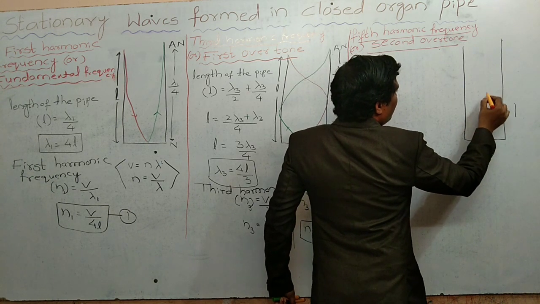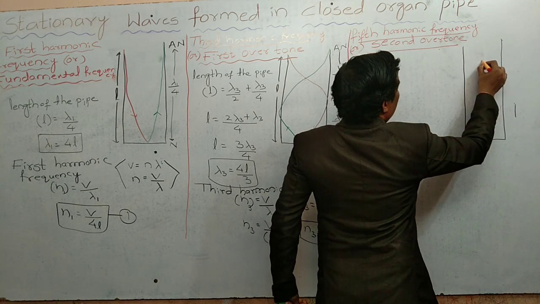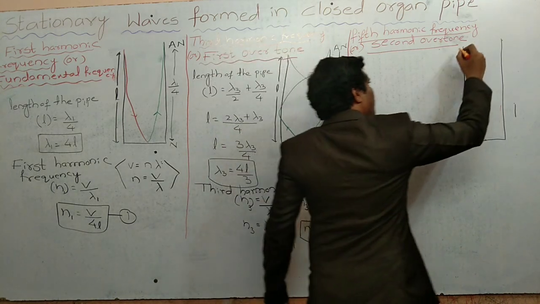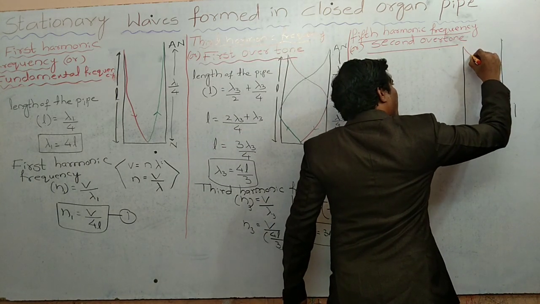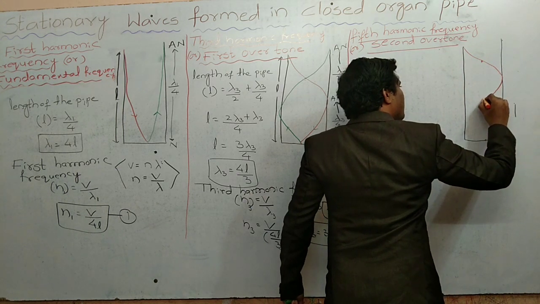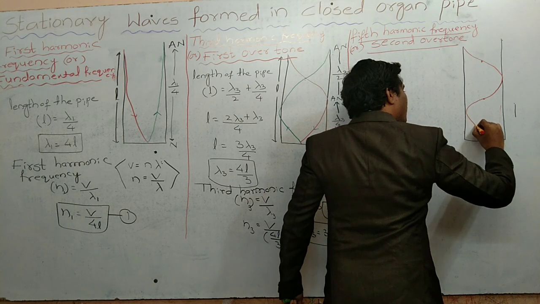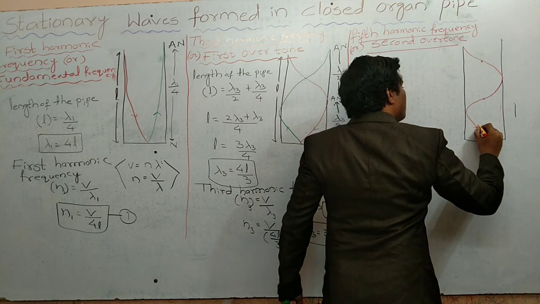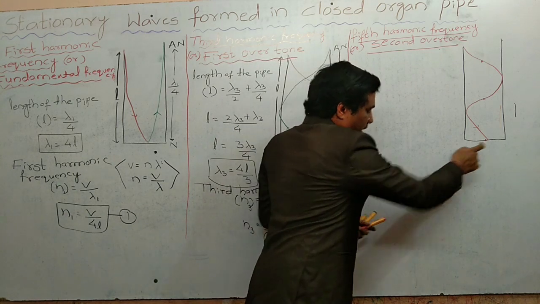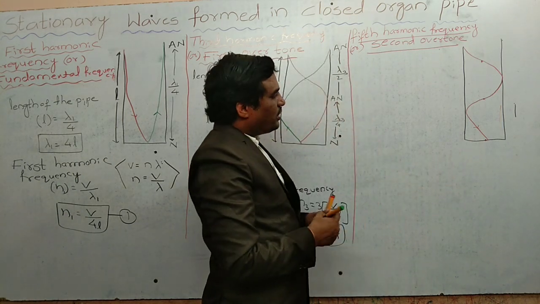Now we are taking another two nodes. One incident wave should pass through the nodes. It is the incident wave, and it will reflect at the closed end and travel in the opposite direction.